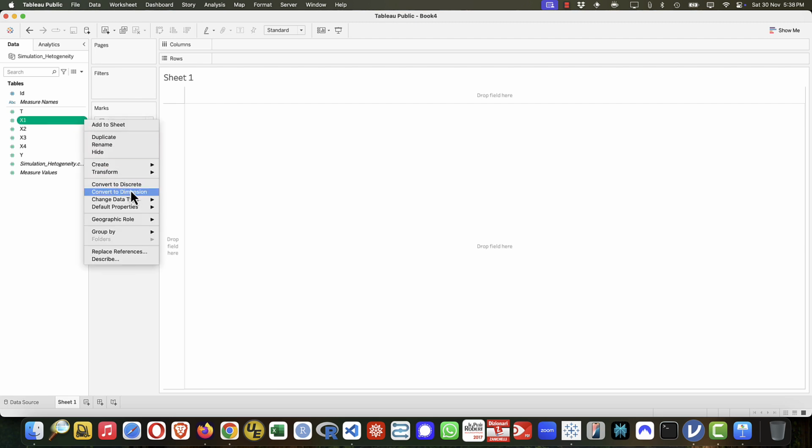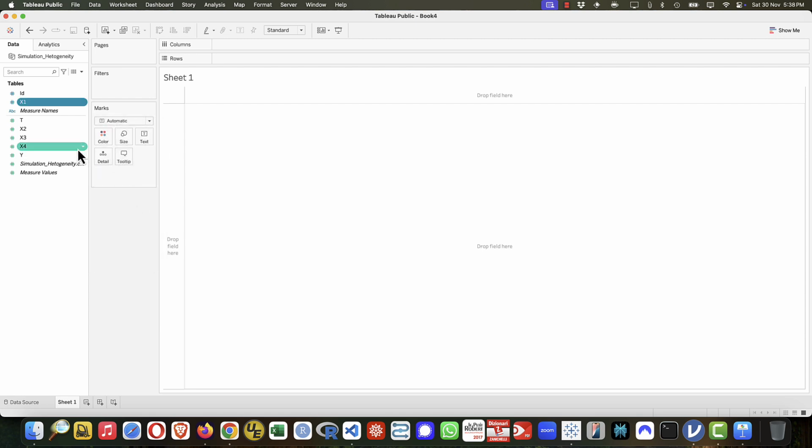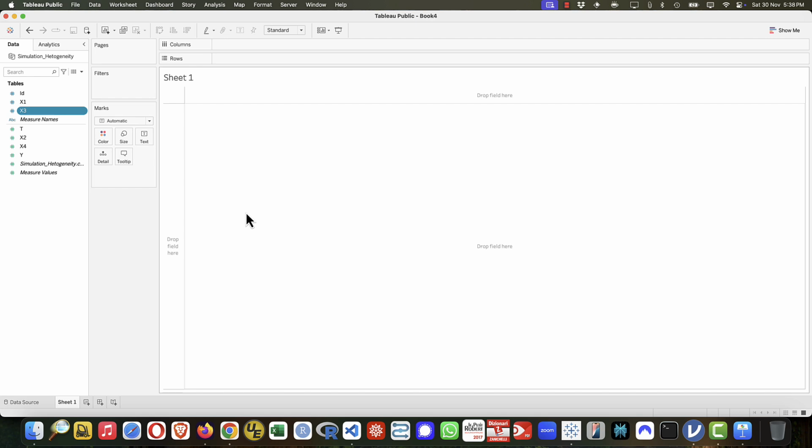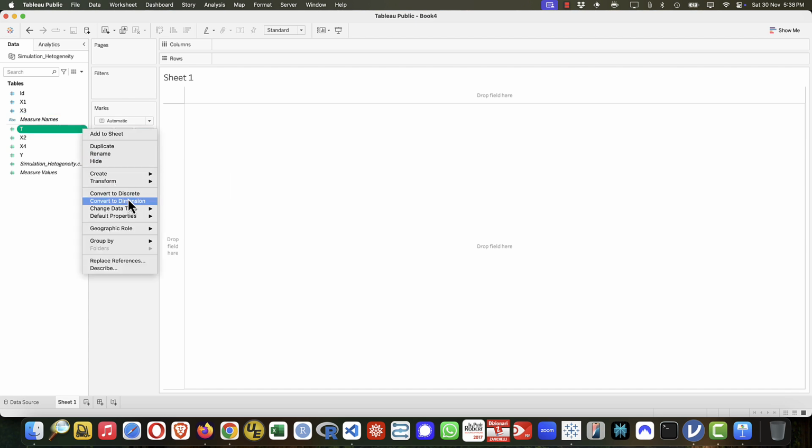That means I'm going to convert it to a categorical variable. x3 is also binary, so I'm going to convert it to a dimension. That's a categorical variable, a binary variable. And x2 and x4 are continuous. T is the treatment. 1 if the person receives the treatment, 0 if the person stays in the control group. That is also a categorical variable.